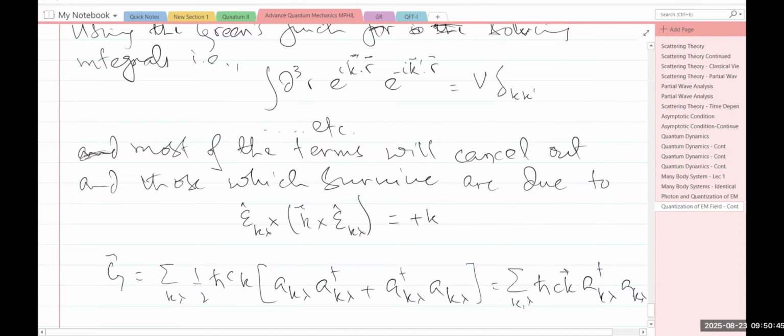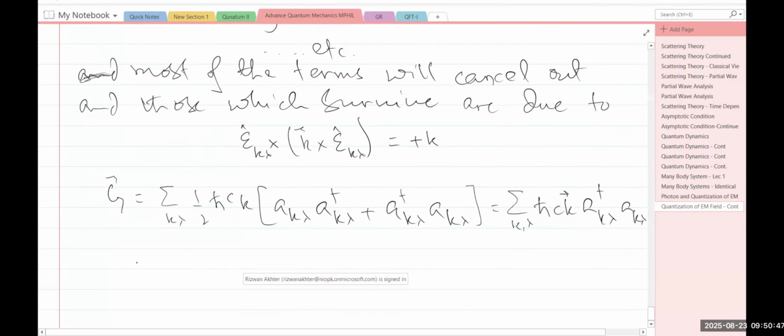Okay? And this is equal to the linear momentum G, which is the summation over k, λ of ħck times the number operator n_{kλ}.